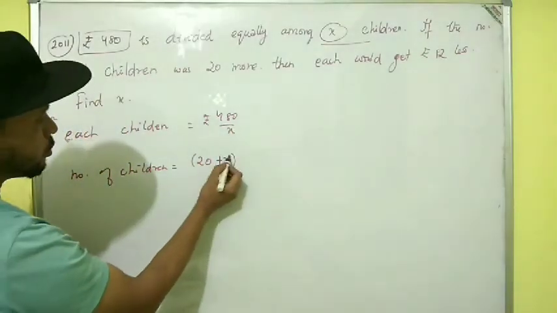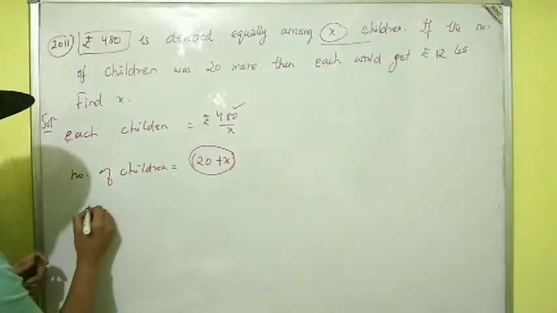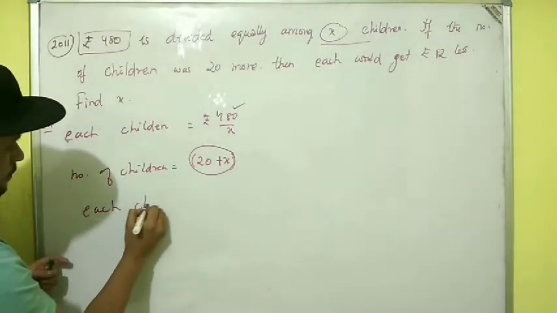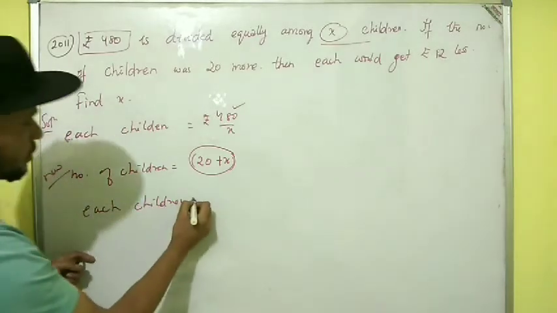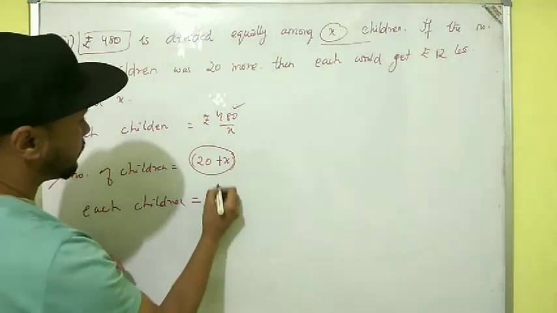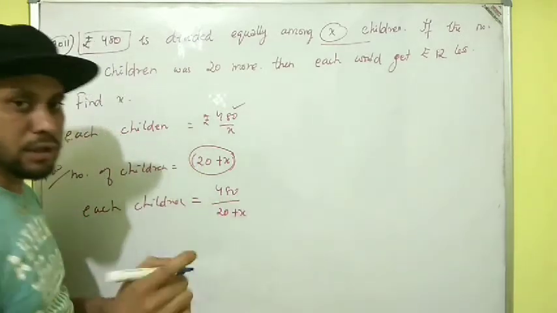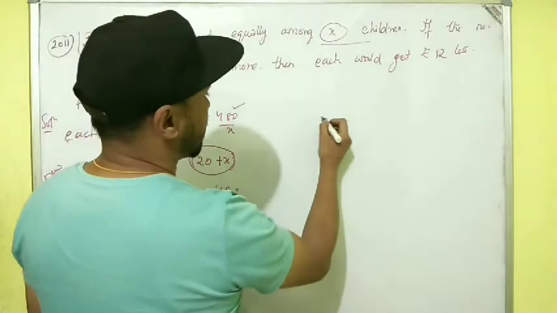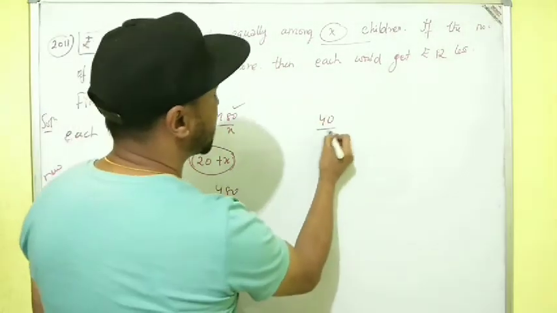Now if 20 children are added, the money will remain the same. Now how much will each child get? When 20 children are added, each child will get 480 rupees divided by 20 plus x, isn't it? Suppose you have 40 rupees and you divide it among 5 students, what will you do? You divide it by 5.